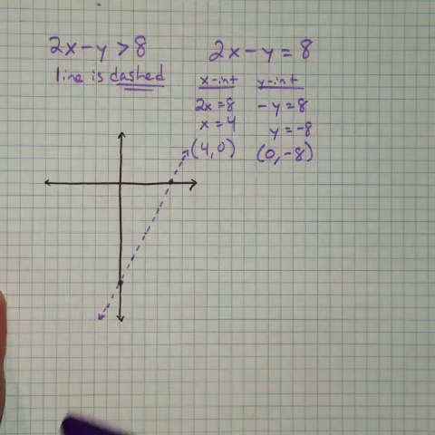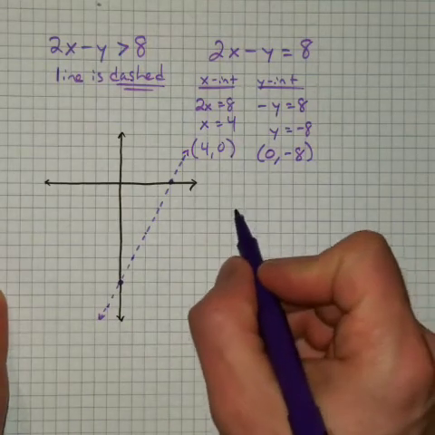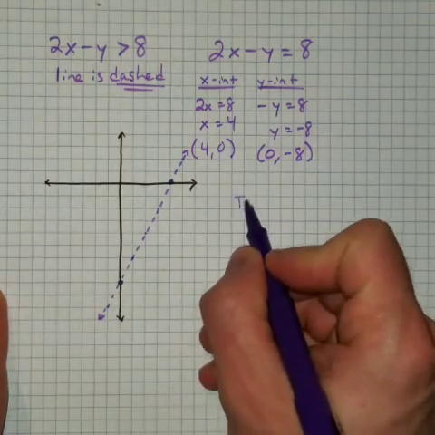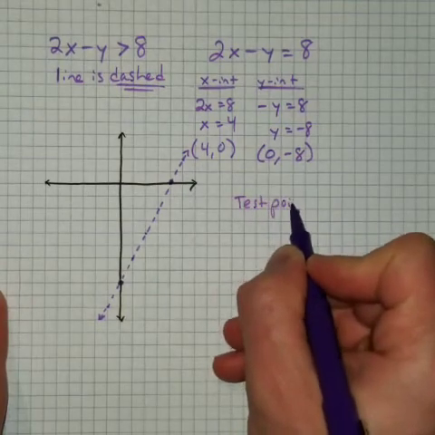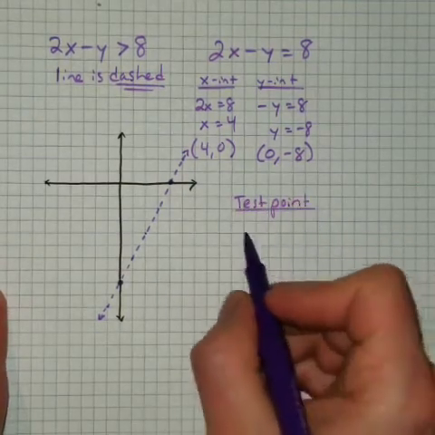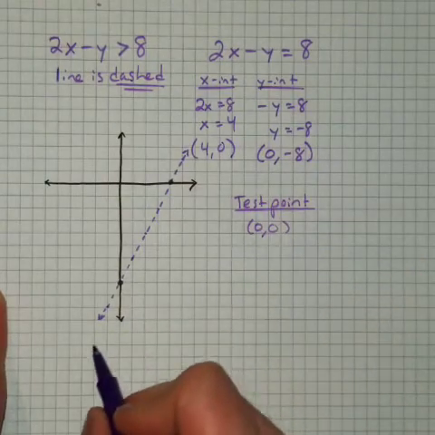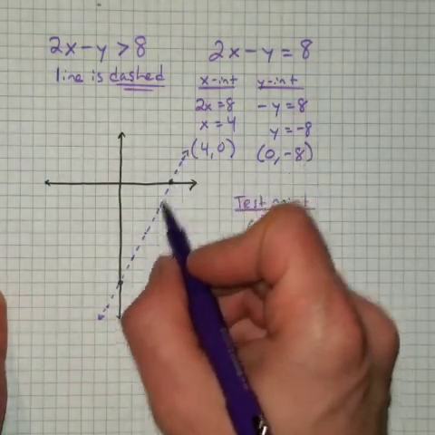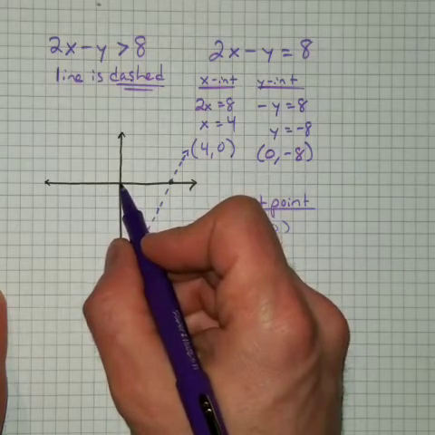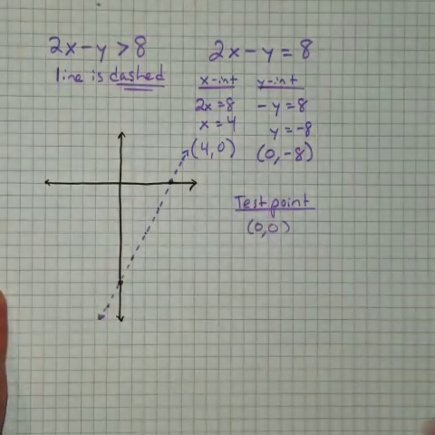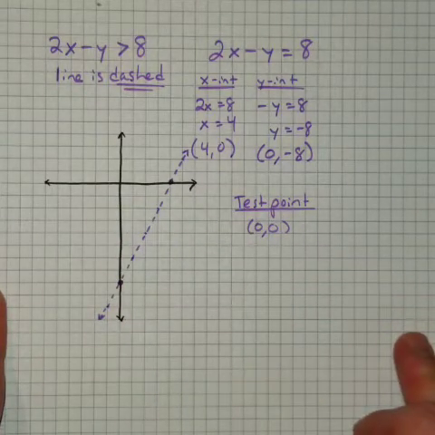Now remember, we use what I call a test point. I'm going to choose the point (0, 0), because the original line is not going through (0, 0), and (0, 0) is just a nice set of numbers for arithmetic.